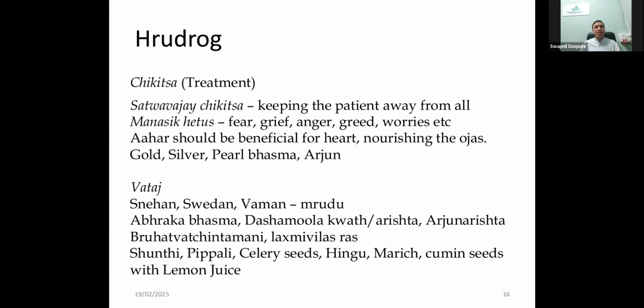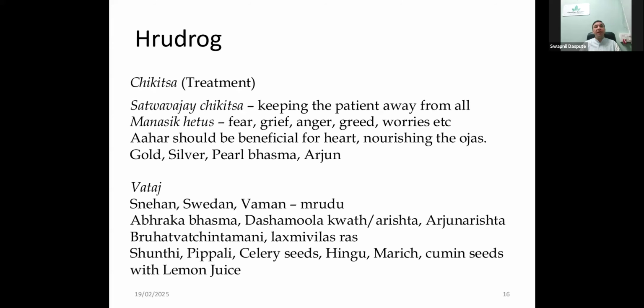So when we have a patient with heart disease or patients who are in the recovery stage of a heart problem, we do give Arjuna Kshirapak, Arjuna Arishta, Arjuna Churna to the patients. So it helps in giving overall strength to the heart muscles.